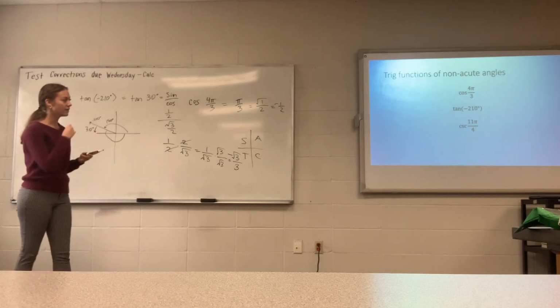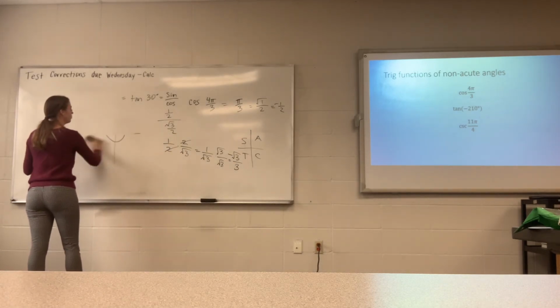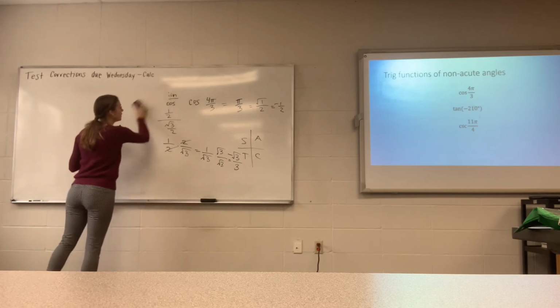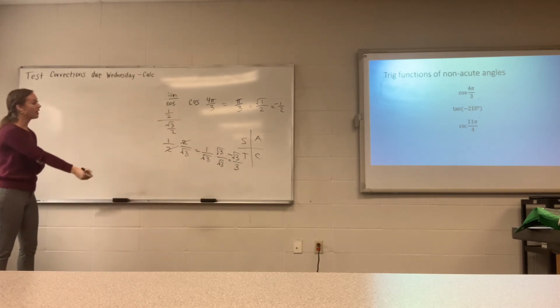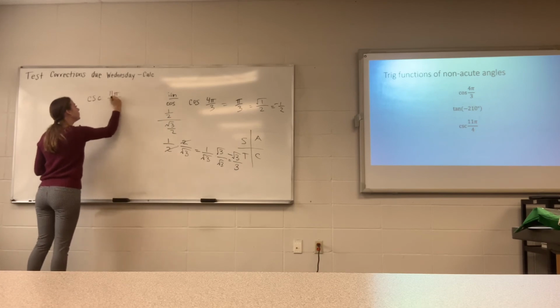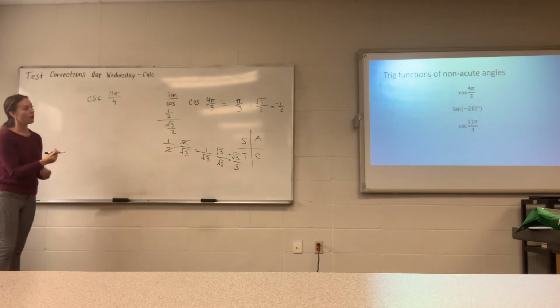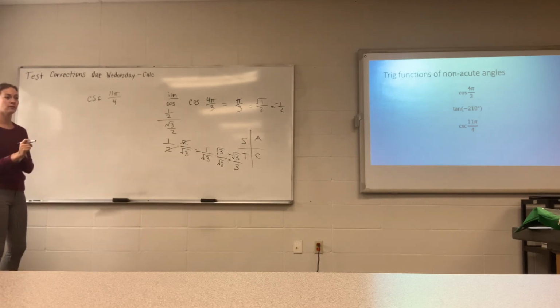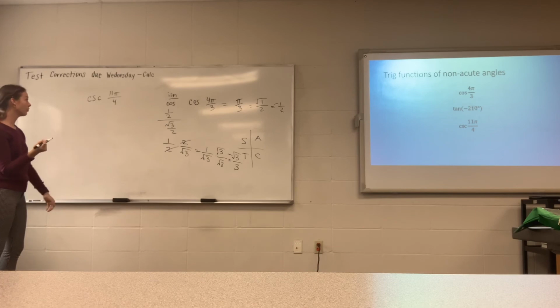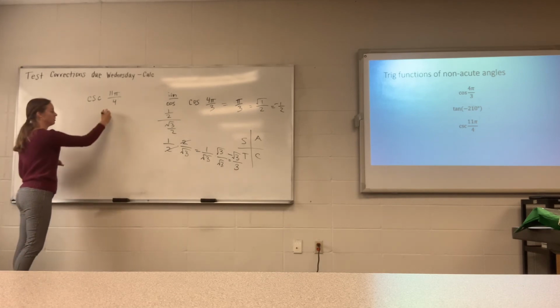Okay, all right guys, the last one before the bell rings: cosecant of 11 pi over 4. Isn't that just 4 over 11 pi for sine? Yeah, for sine it would be 4 over 11 pi. But do I need that? No. I need to figure out my cosecant value of this.